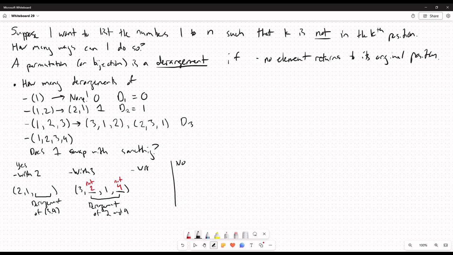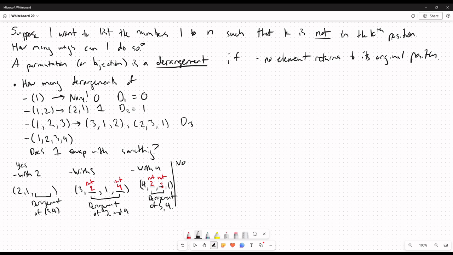Lastly, if 1 swaps places with 4, I'm slowly running out of room here, then my sequence will look like 4, something, something, 1. In this case, this is not 2, this is not 3, and this is going to be a derangement of 3 and 4. So we see that we're already getting a kind of recursive relationship over here.